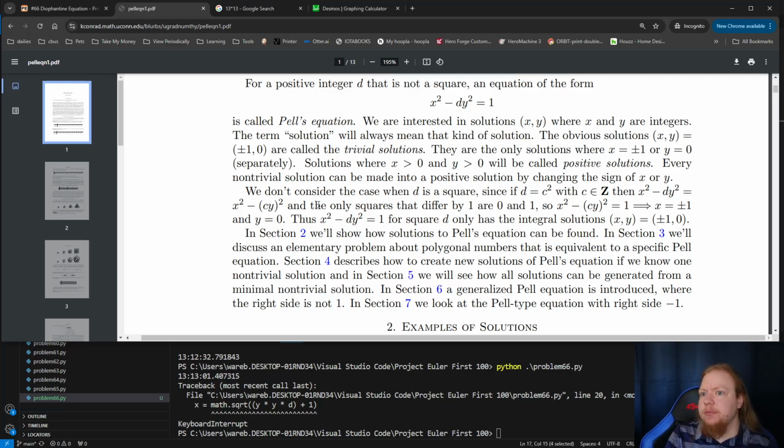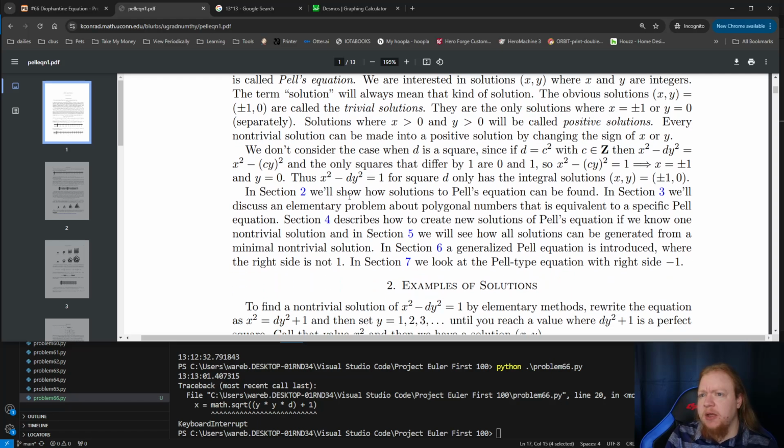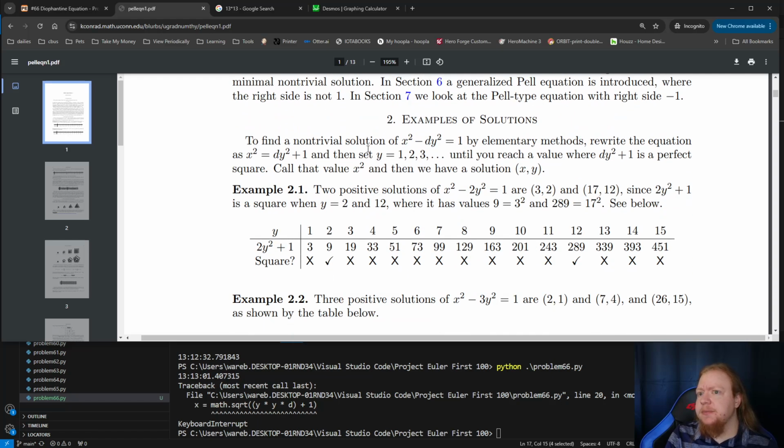Okay, and then it goes on as to why d can't be a perfect square. And this elementary method is what I was doing, finding one where dy squared plus 1 is a perfect square.